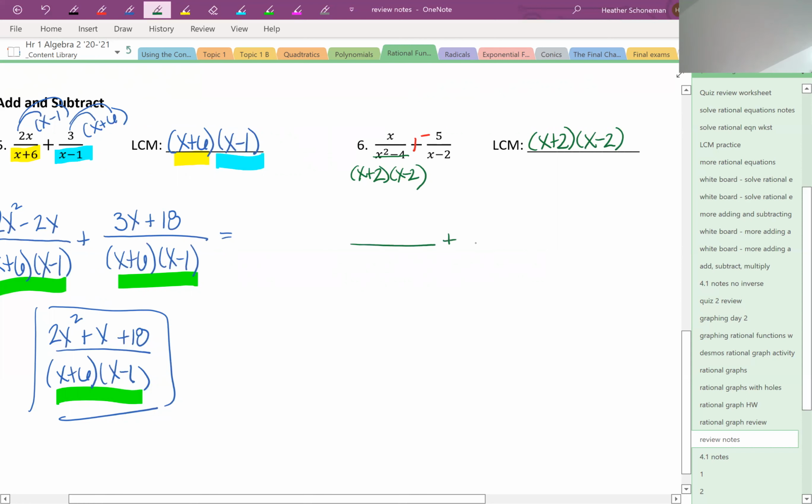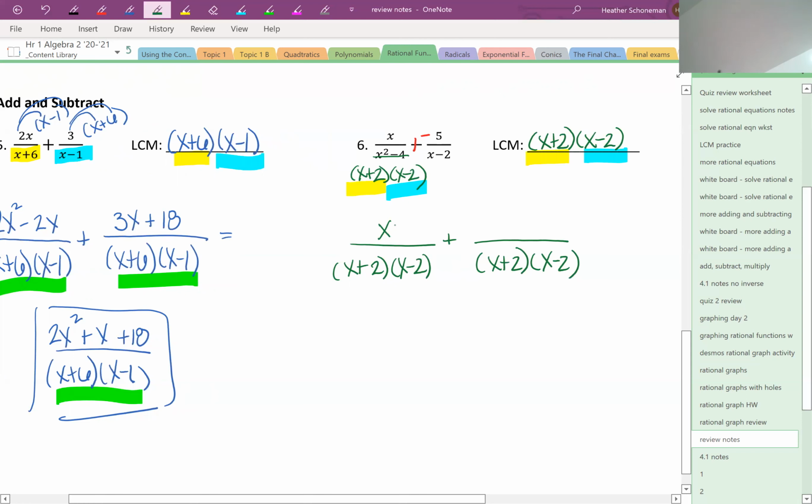So I'm going to write two fractions that have that as a least common multiple. So this first fraction has the x plus 2 and it has the x minus 2. It has everything, so we don't need to change it. I'm just going to make it an x.